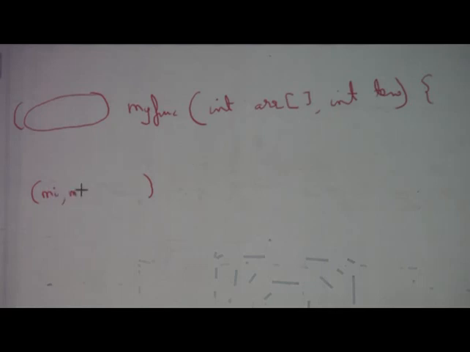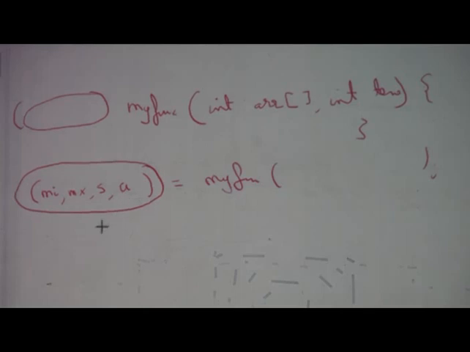M X S A, standing for min, max, sum, average, equal to my function, body of the function. So here, the body of the function is returning what we call a 4 tuple, or a tuple with 4 elements.